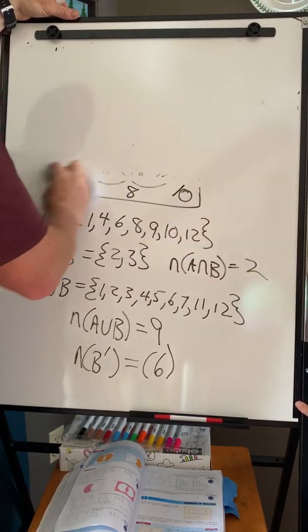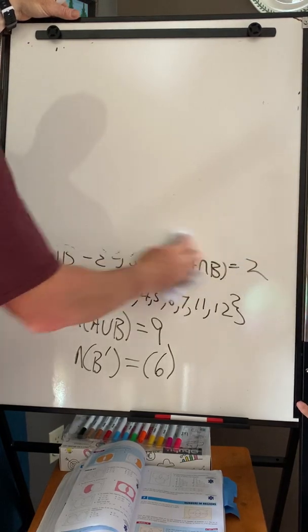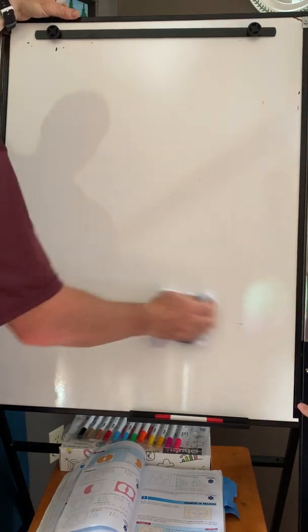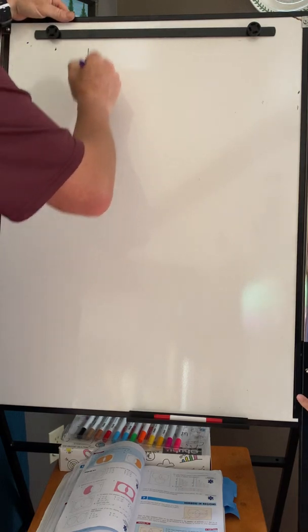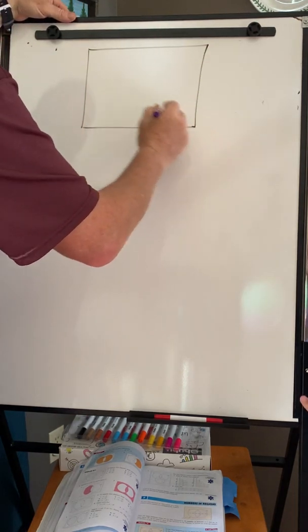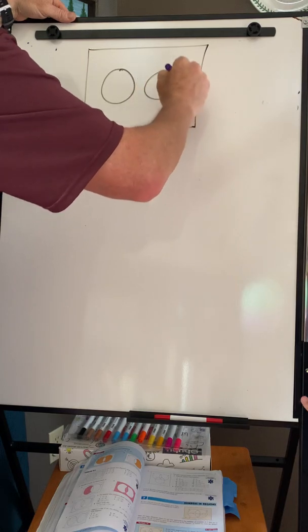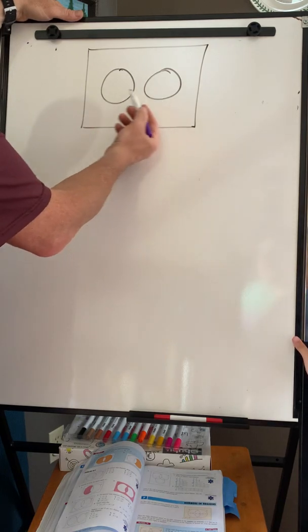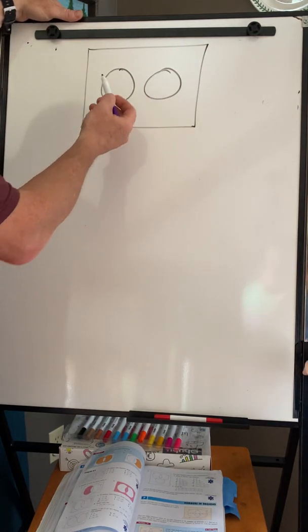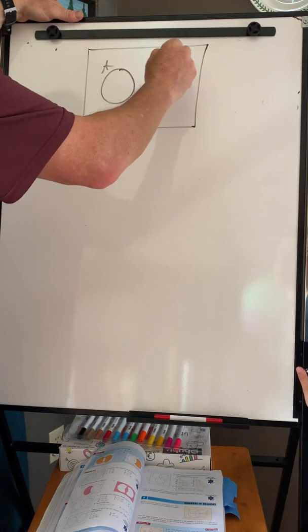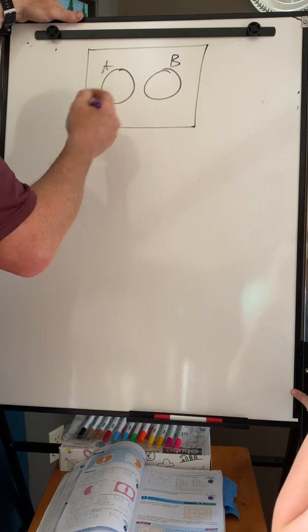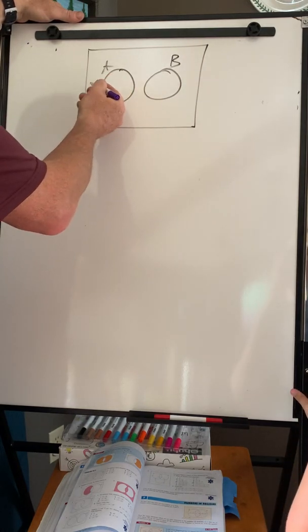When I draw mutually exclusive sets, I draw my Venn a little different, because mutually exclusive means there's no intersection. There's nothing in set A that's in set B. So they're totally separate.